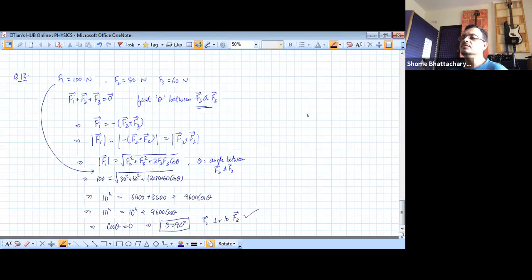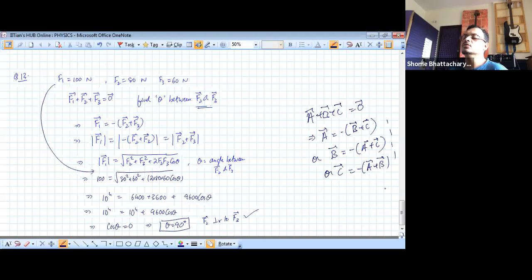Just this step, that if A plus B plus C is equal to 0, it means that A is equal to minus of B plus C. Or B is equal to minus of A plus C. Or C is equal to minus of A plus B. All three are correct. All these three relations hold true. But here we use one because F2 और F3 के बीच angle निकालना.